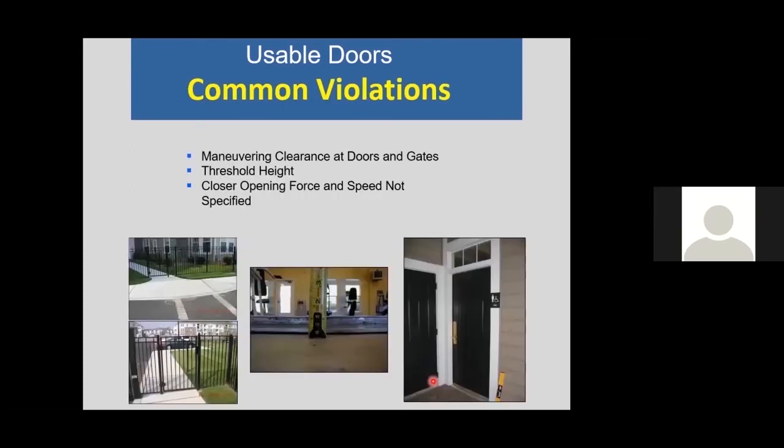So some common violations we see under requirement 3 is that maneuvering clearance has not been provided at doors and gates. I think I see this far more at gates. Threshold height is often a problem, and the opening force and closing speed also are often a problem.